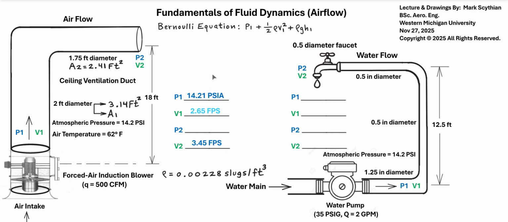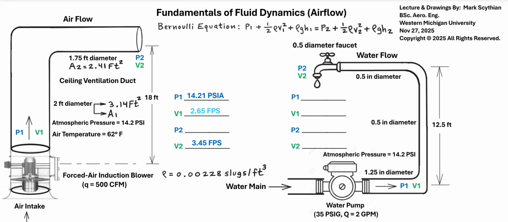So we have P1 plus 1/2 rho air density times V1 quantity squared plus air density rho times gravitational acceleration times H1, the start height at 0 feet, made equal to P2 plus 1/2 rho air density V2 quantity squared plus air density rho times gravitational acceleration, then times h2, height 2.